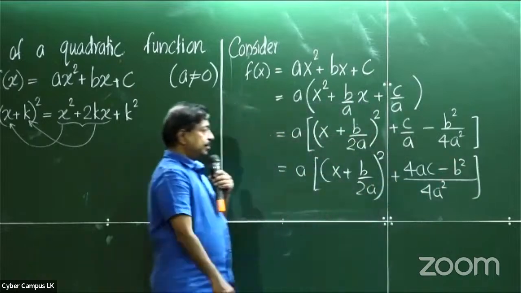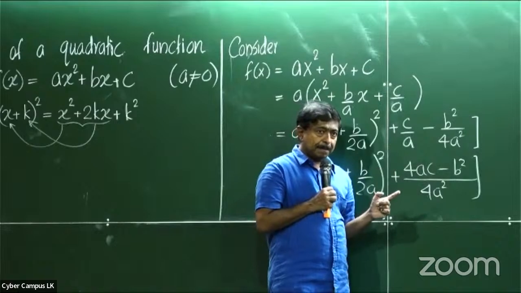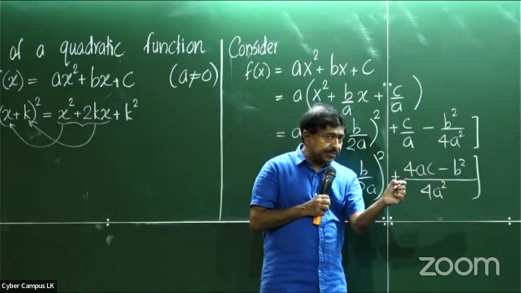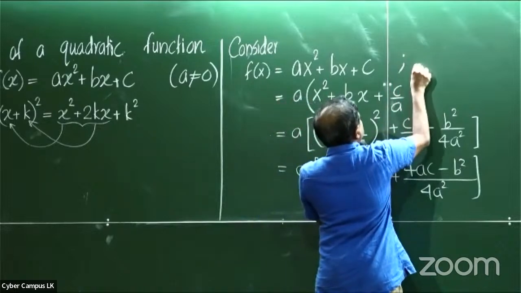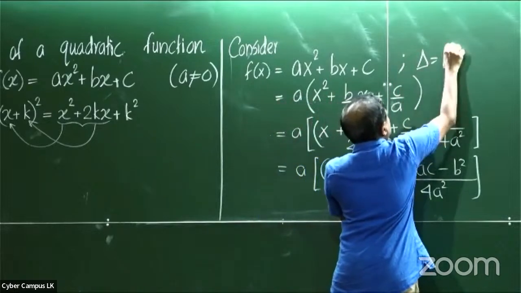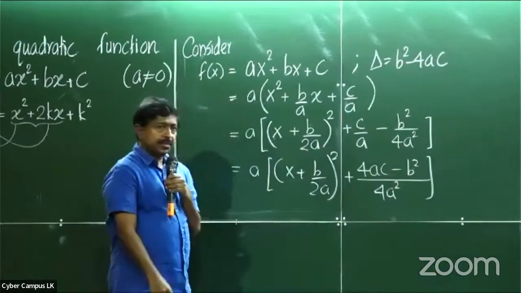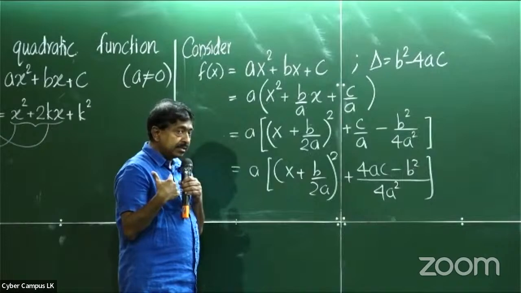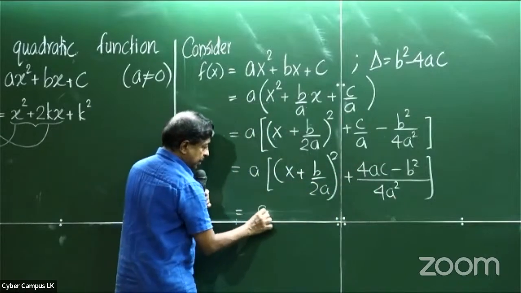We are a little familiar with this. What is this? b squared minus 4ac is delta. Right? Let me write it here. Now, what is this? It's a minus of that, so it is minus delta. So you can write it like this.